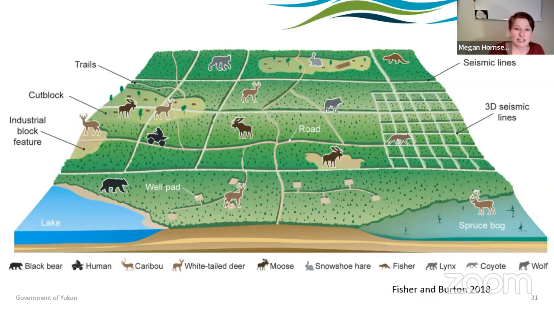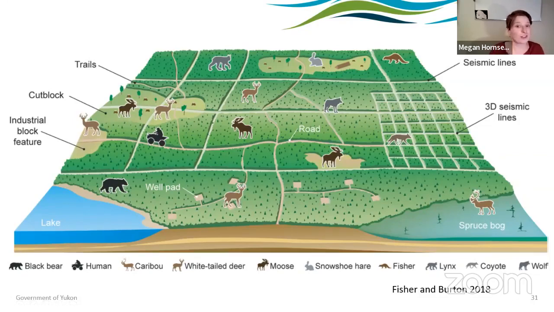So some of these species benefit from having early age forests, say from forestry. If you look for the snowshoe hare or the moose or deer, they prefer those areas that have either been recently cut or recently burned. And then we look at linear features on the landscape, and that can have a different impact as well.